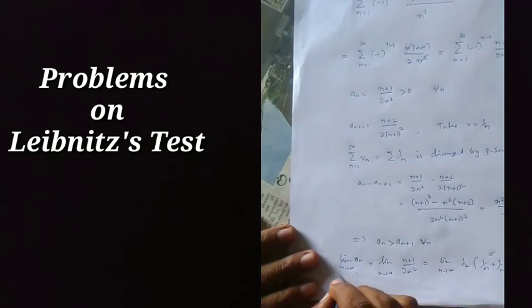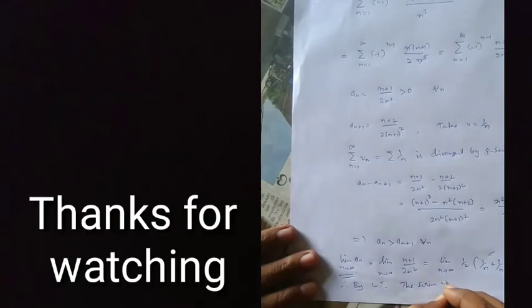Now the limit of an is equal to 0, because it is also 0, so therefore it is 0. That is, your limit as n tends to infinity is equal to 0, it satisfies the Liebnitz test. Therefore by Liebnitz test the series is convergent.